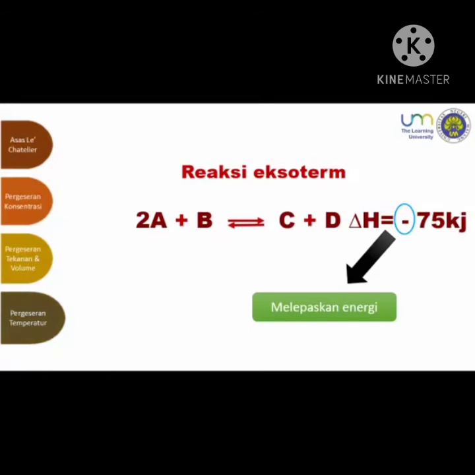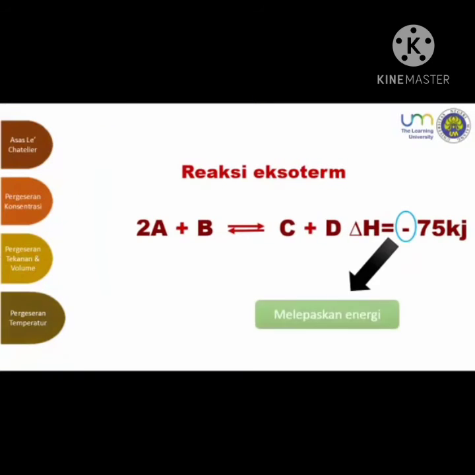And if the temperature is increased, the equilibrium will shift to the left side, or to the endothermic direction, and vice versa. If the temperature is decreased, the equilibrium will shift to the right side.